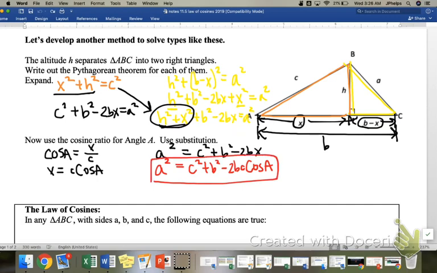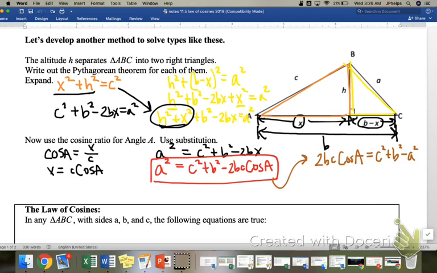And the law of cosines can be rewritten so that you can solve for an angle rather than just a side. We solved for an angle in problem number 1 in part 1 of this lesson. And another way that you can rewrite this equation so that it's in terms of solving for an angle is like this. So I just added 2bc cosine of angle A to both sides and then subtracted a squared from both sides.